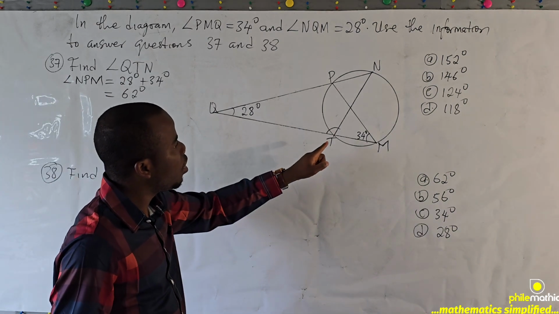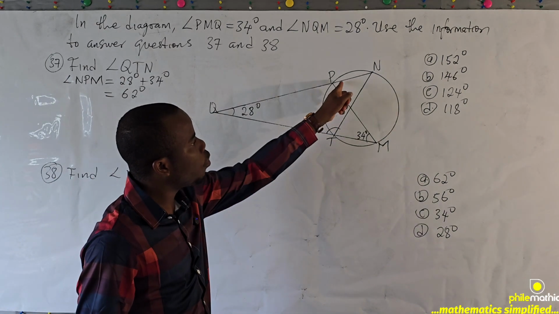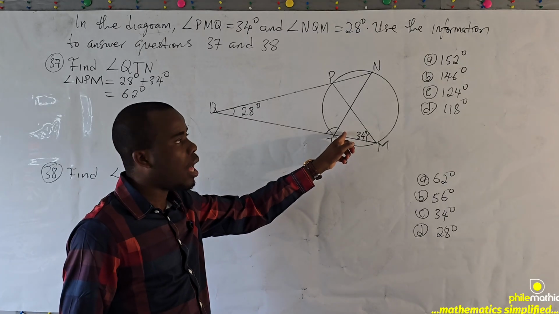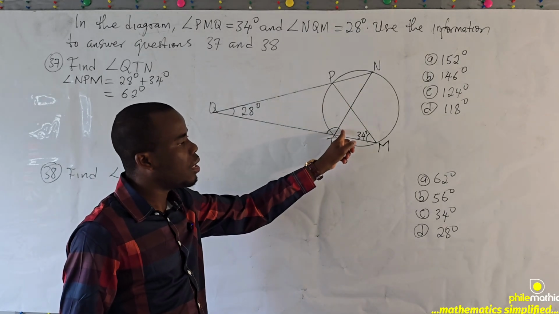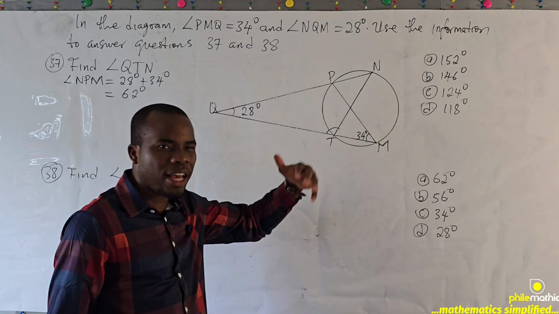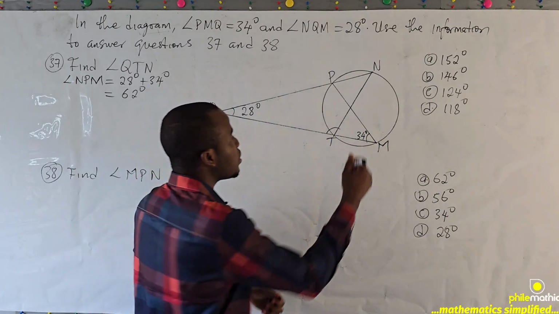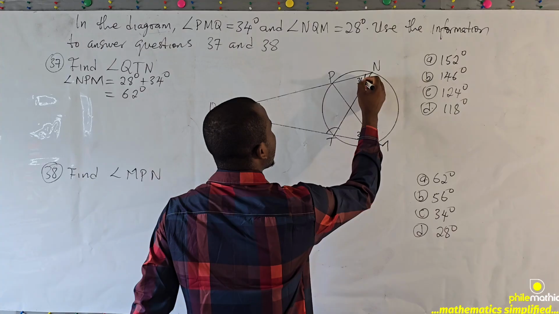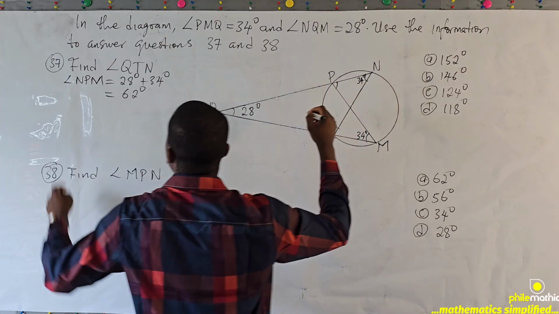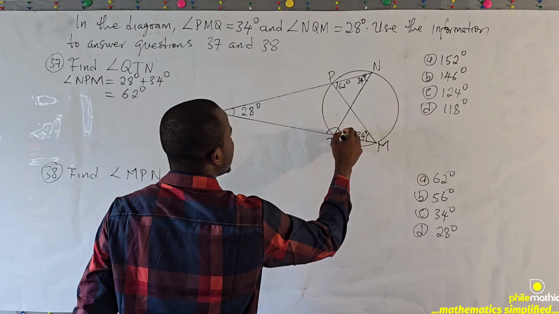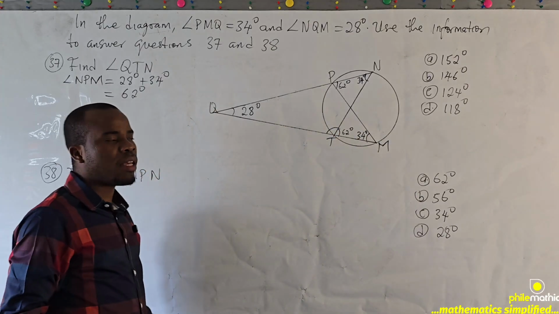And for us to get this angle, I know what this is because angles on the same base are equal from circle theory. Just the way this is 34 degrees, this is also 34 degrees. Likewise, if this, which we have gotten, is 62 degrees, this will be 62 degrees. We call it angles on the same base.